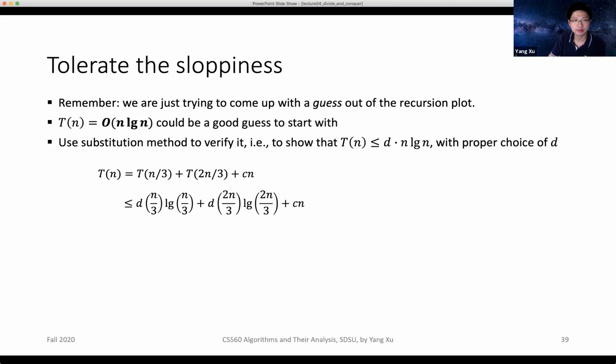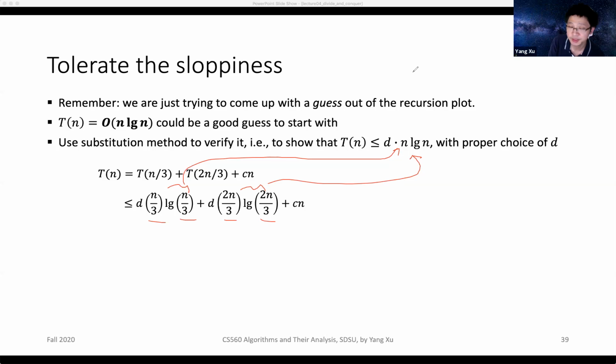Right, we substitute n over 3 into this form, right? And 2 times n over 3 also into this form. That's where we get this step.